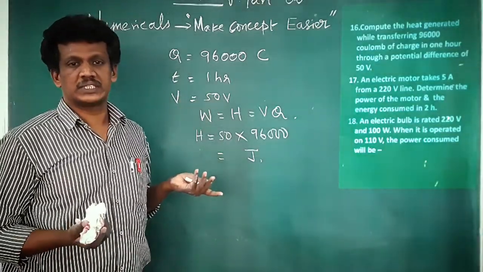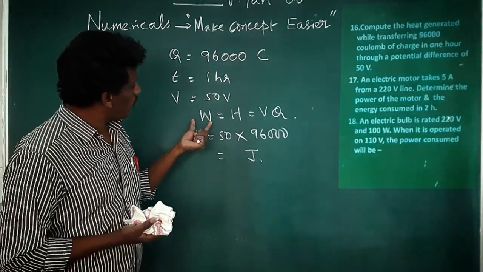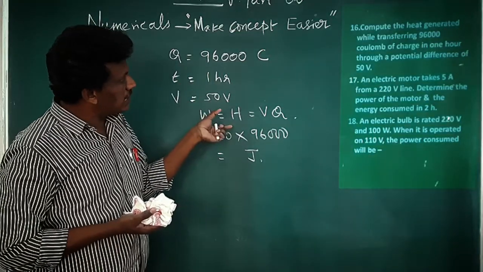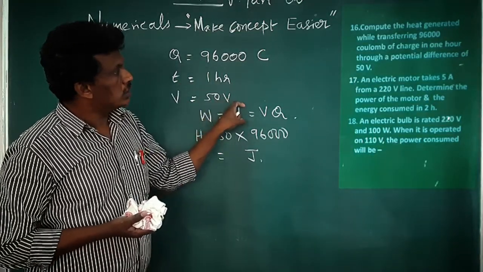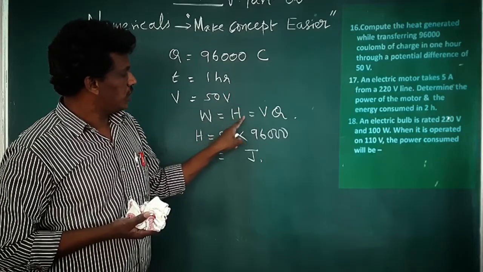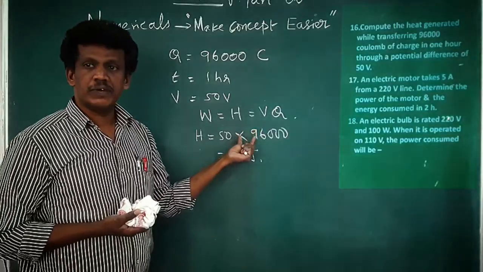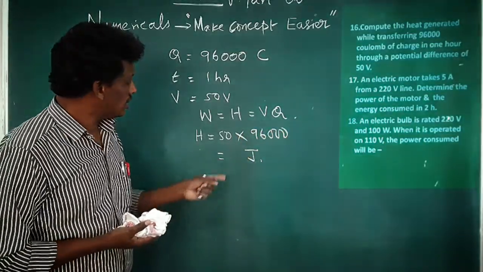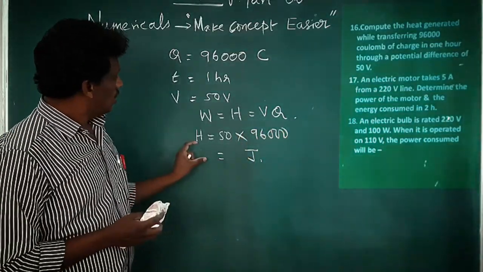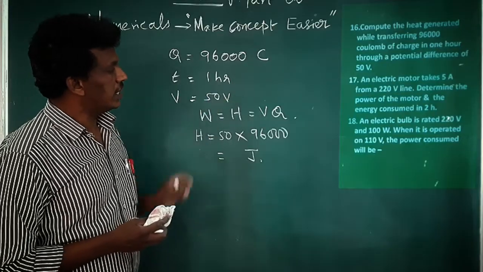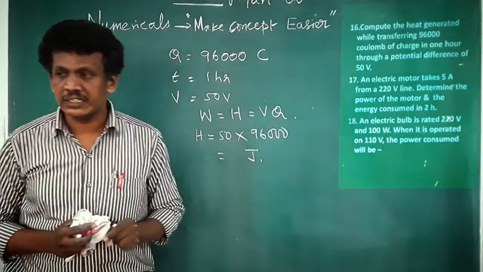Here it is of no use. You can find out how much work is done, in terms of heat. So heat equals V into Q, where V is the potential difference and Q is the charge. So how much heat is generated? Is it clear?